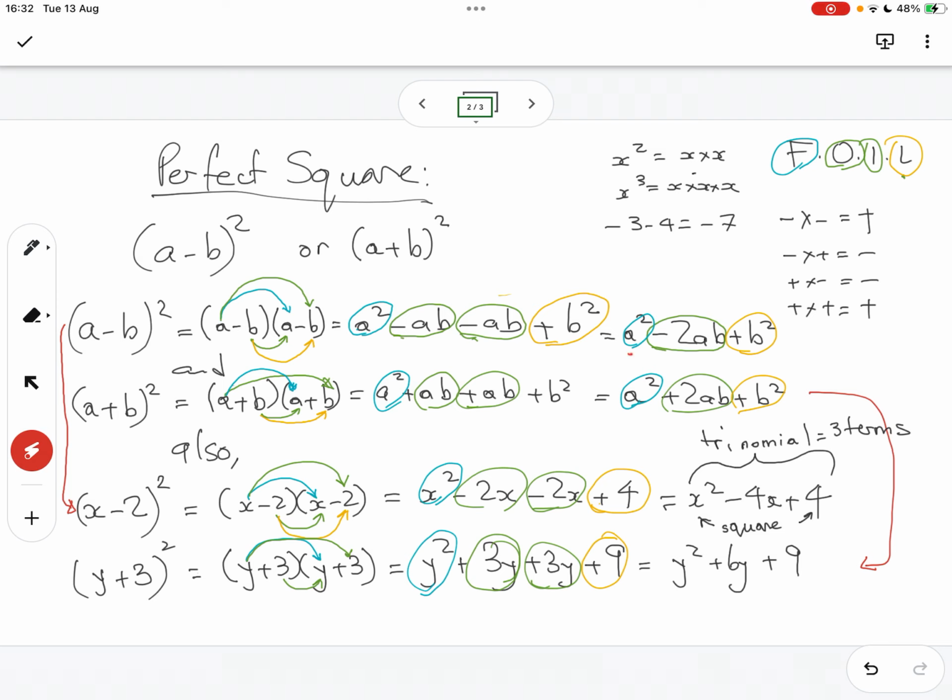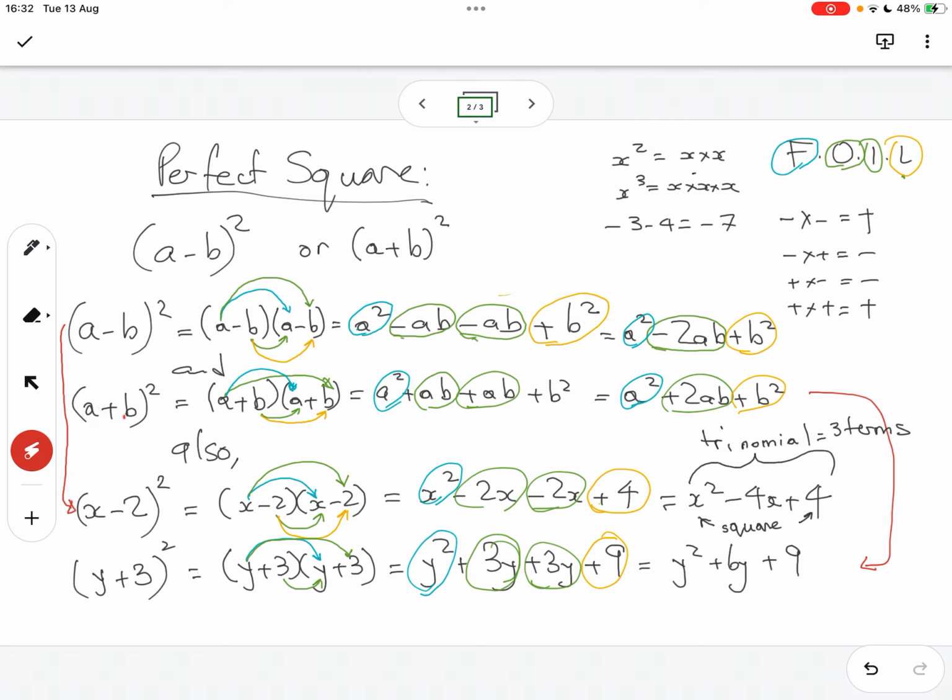So here it's a, I square it. It's b, I square it and put it at the end. And then I take a, multiply it by negative b, and multiply that answer by 2, and I get negative 2ab.